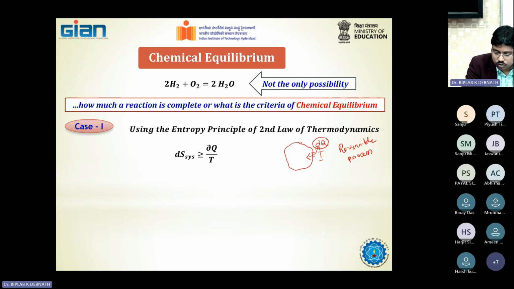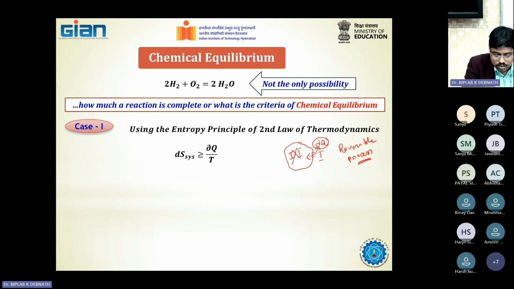If we consider the process to be reversible, which does not have any internal irreversibility, then delta Q by T will be equal to dS system. This we all know from thermodynamics.